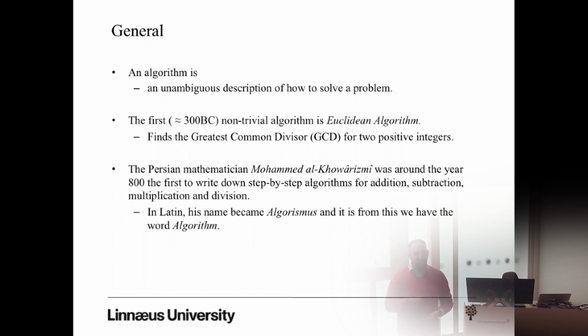So it must be very precise and clearly specified. Otherwise, it could lead to incorrect or erroneous results. Maybe it solves the problem, but doesn't solve it in the right way.